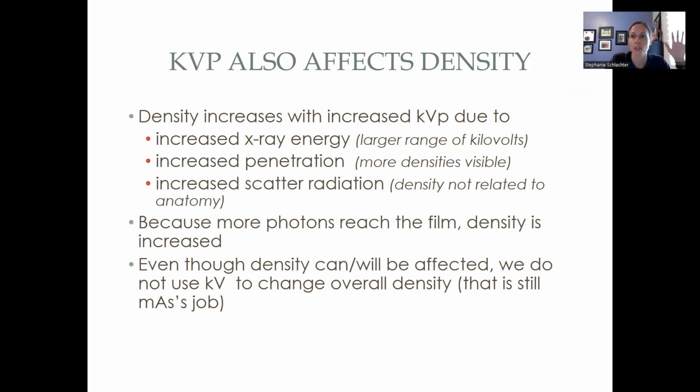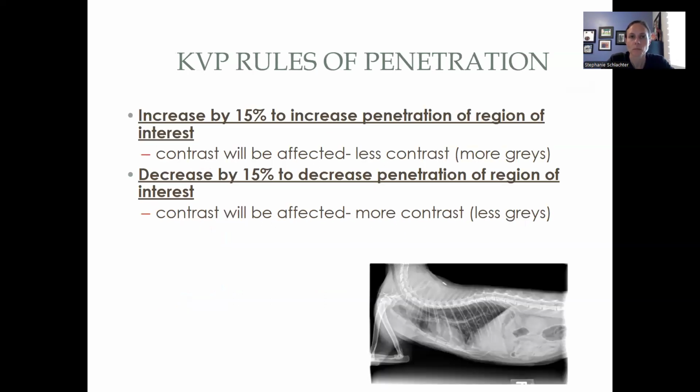Because remember, changing our kVp too much up or down will also affect our contrast, which then may not give us a high quality image either. So kVp also has its own set of rules for how and when to change things, just like mAs, but the numbers aren't quite the same, because that would be too easy, right?